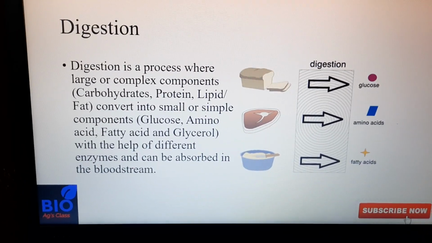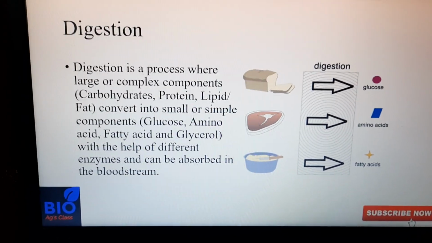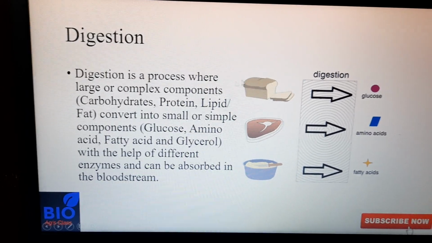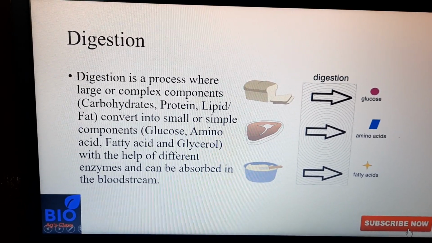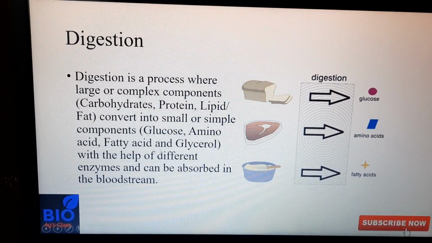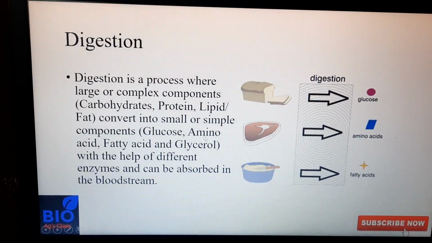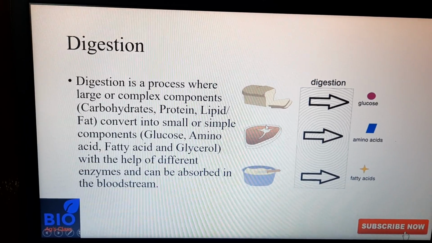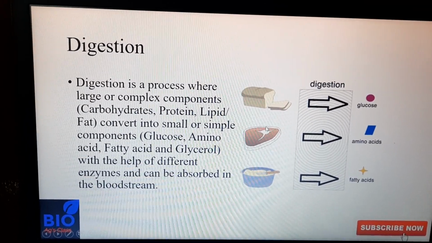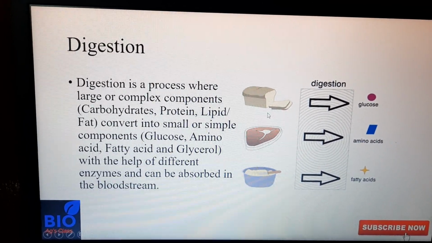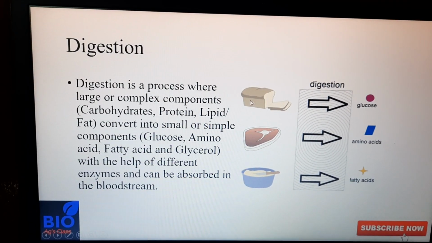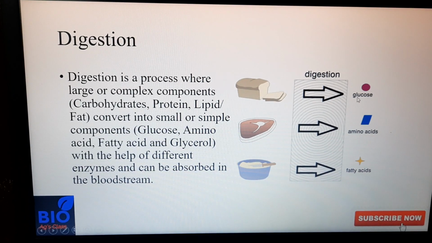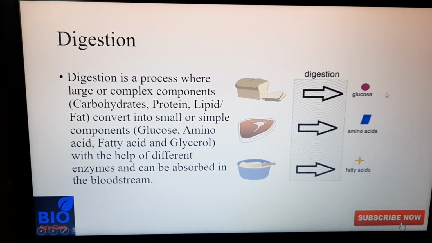They should be broken down into simple forms. We usually eat the foods in complex forms, and these complex components should be broken down into simple components, otherwise they can't be absorbed in our bloodstream. As a result, our digestive system or different glands help us to convert these complex components into simple form.